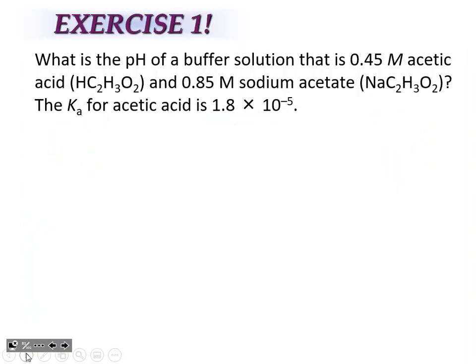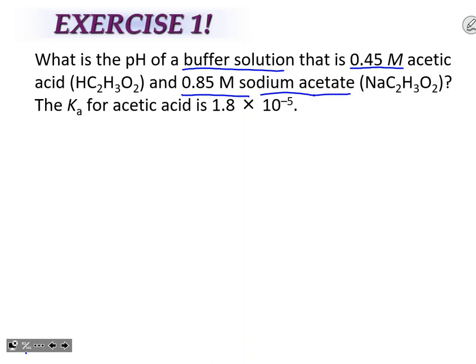So let's look at this first buffer problem. Let's go ahead and do this one. This is just a regular buffer problem, and it tells you it's a buffer solution. This is easy enough. If it tells you it's a buffer, you can go straight to the Henderson-Hasselbalch equation. We have 0.45 of acetic acid, 0.85 of sodium acetate.